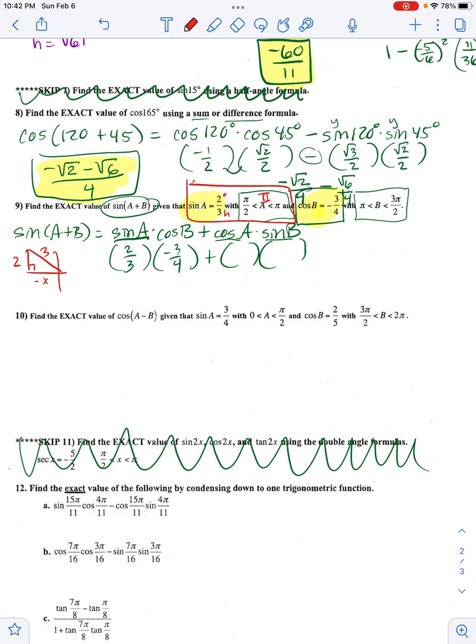So when I draw my triangle for A, I'm going to end up with x squared plus 2 squared equals 3 squared. So after I do the work, x is going to equal root 5, but it will be negative in order to go into that quadrant. So if this is opposite, hypotenuse, and adjacent, and I need the cosine of A to fill in here, the cosine will be the adjacent over the hypotenuse.